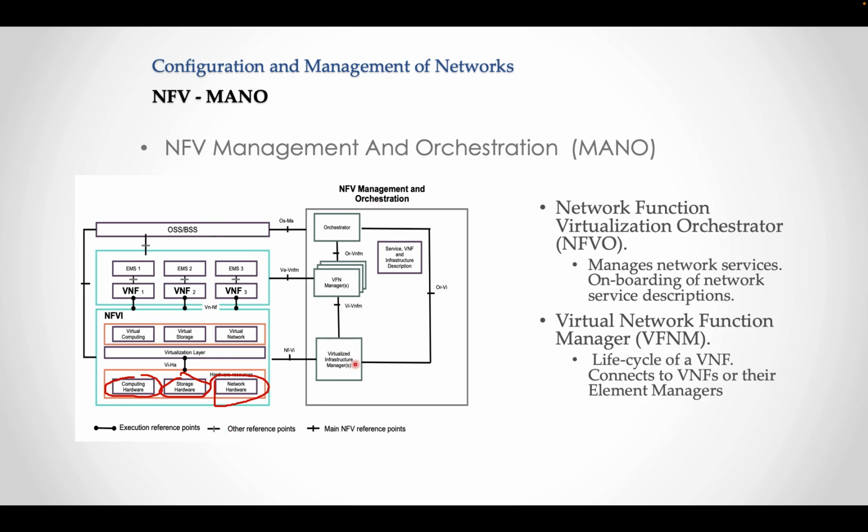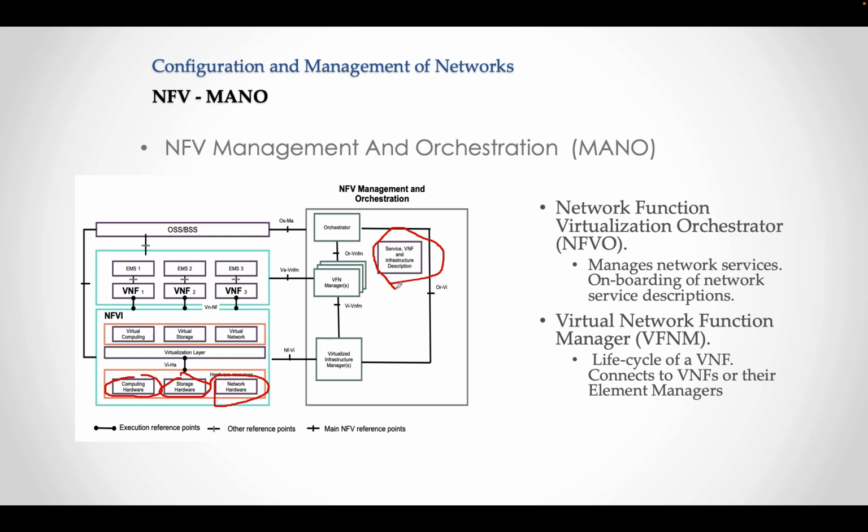And to build all this, I need the orchestrator. So the orchestrator will receive a description, a service and infrastructure description. So this is the description of the service that I want to use on the network. So what does this have? It has the set of VMs that are needed, how they should be connected, the order in which they should be connected, and what are the requirements.